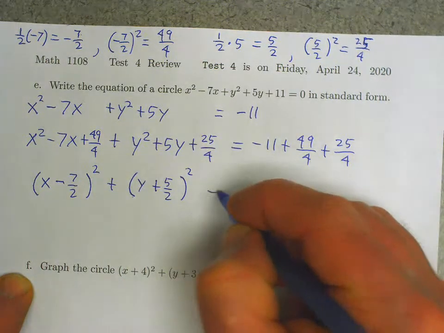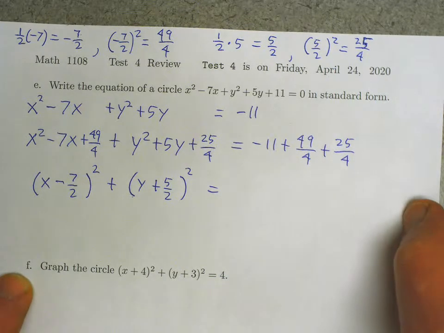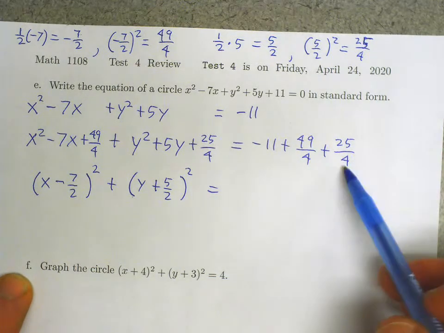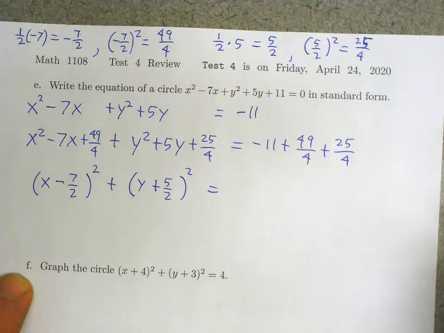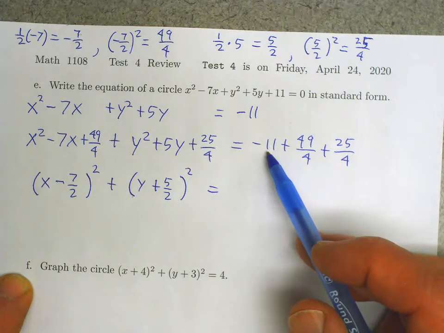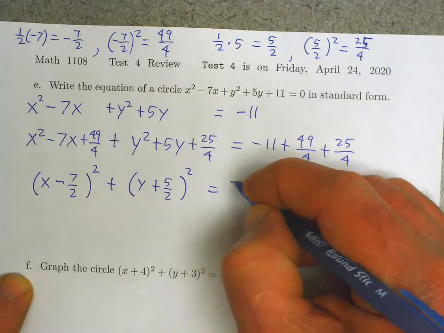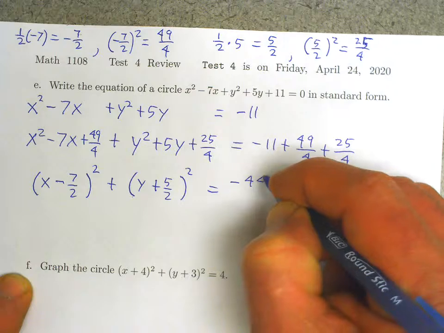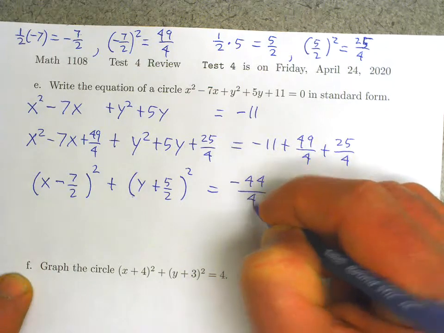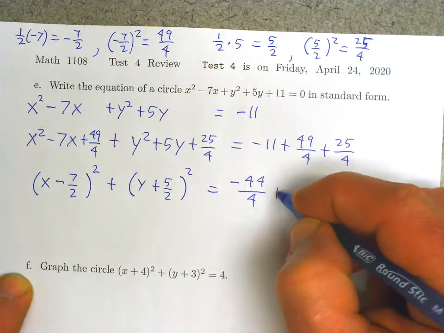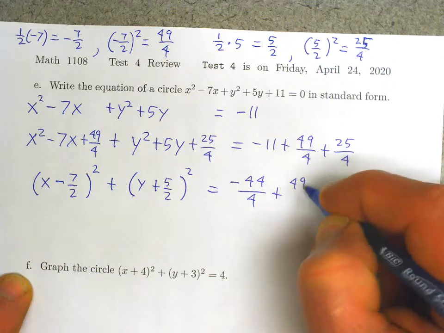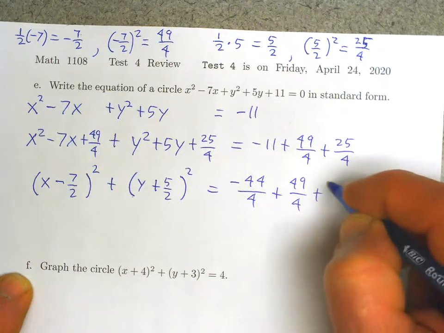Okay, then on the right-hand side, we have to add these numbers. We need a common denominator. Negative 11 is equivalent to negative 44/4. And we're adding that to 49/4 plus 25/4.